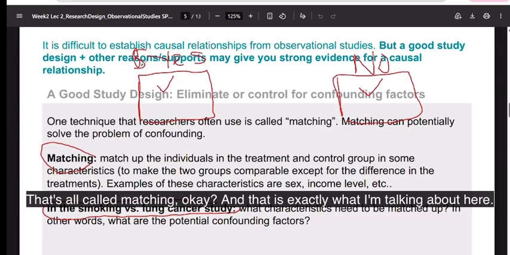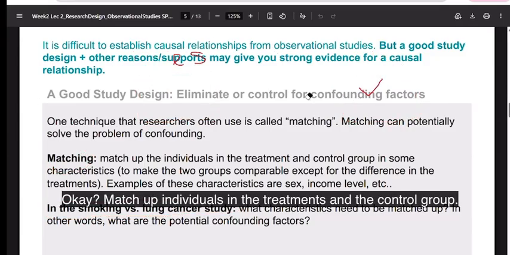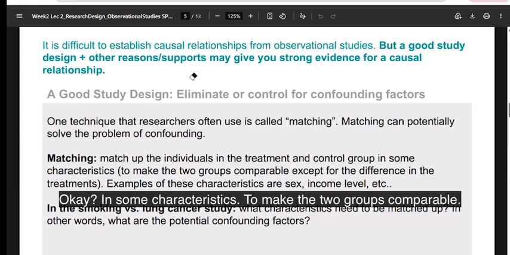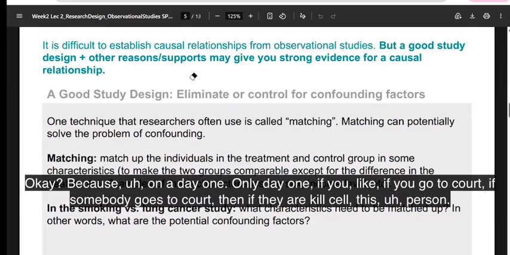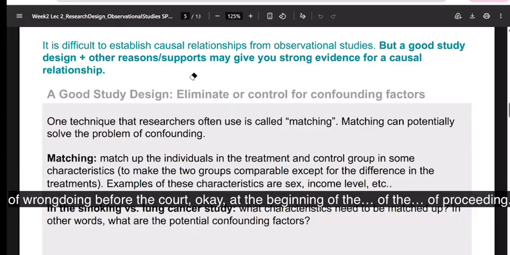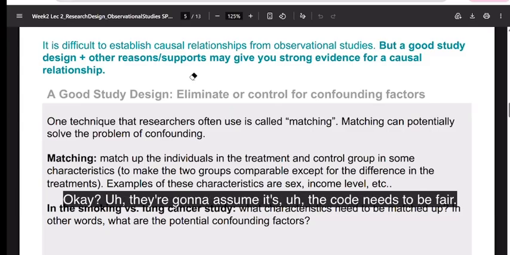And that is exactly what I'm talking about here. Match up individuals in the treatment and the control group in some characteristics to make the two groups comparable. Because on day one, if somebody goes to court and they accuse this person of wrongdoing, at the beginning of the proceeding the court needs to be fair.